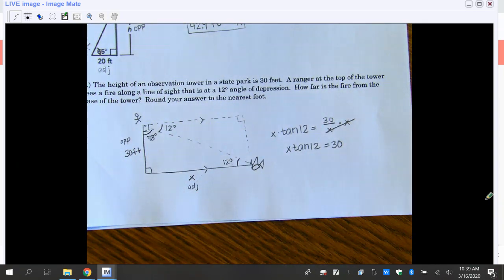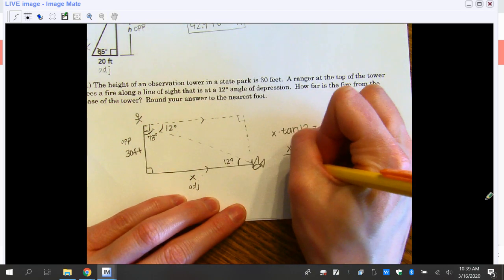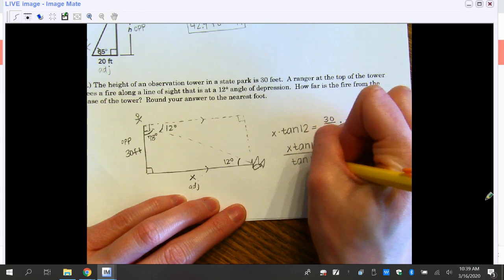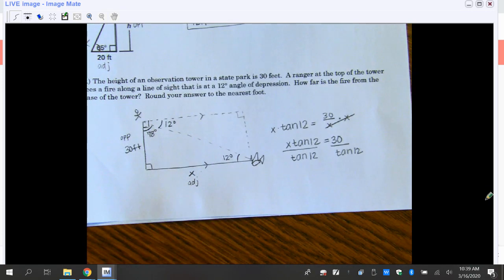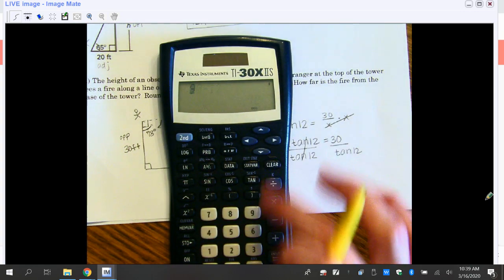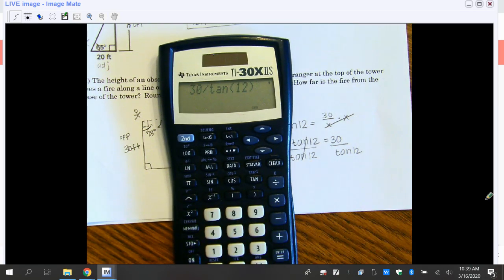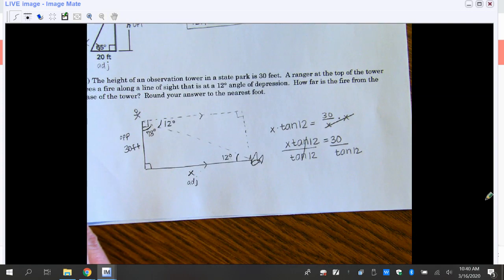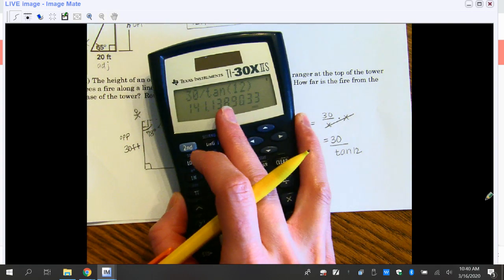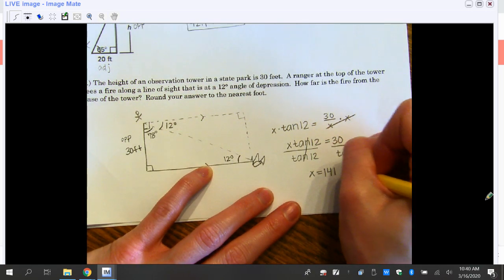In order to get the X by itself, I need to divide by the tangent of 12. Then those cancel out. 30 divided by the tangent of 12 is going to be about 141 point, what does it say? This one says to the nearest foot. So that's just going to be 141 feet.